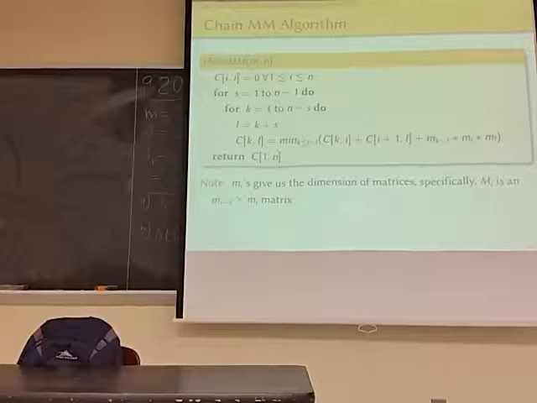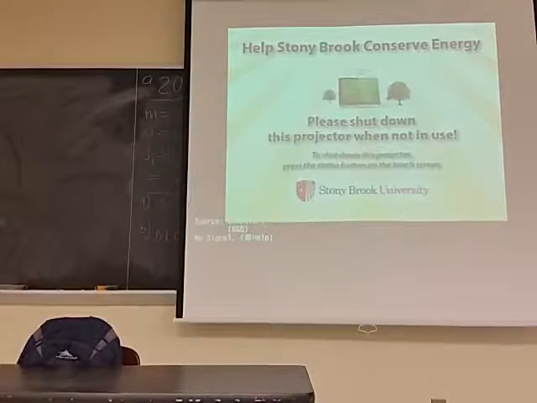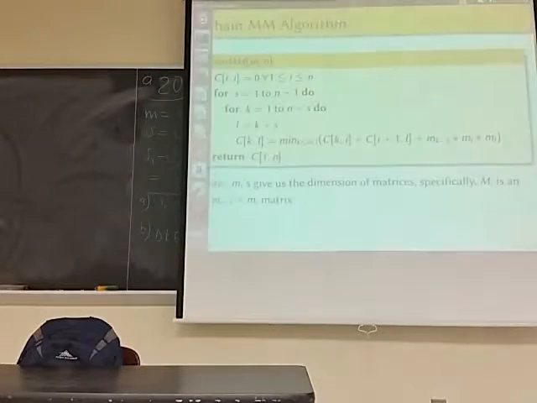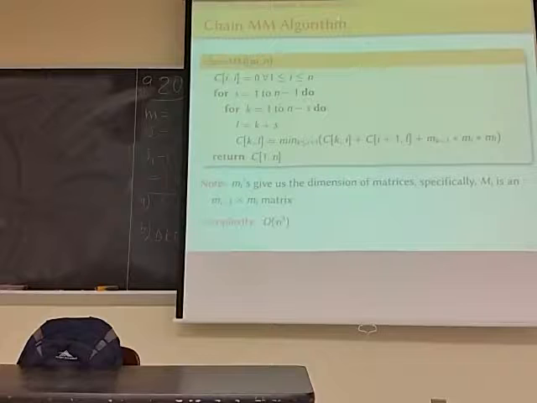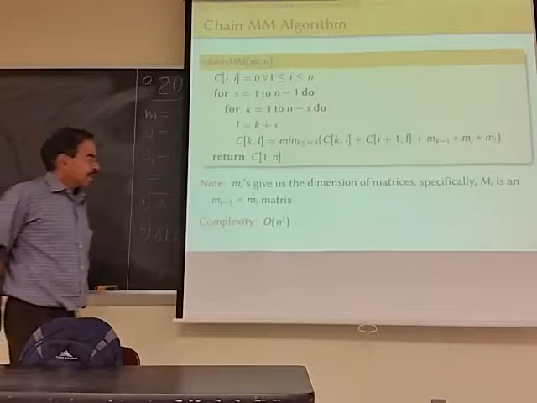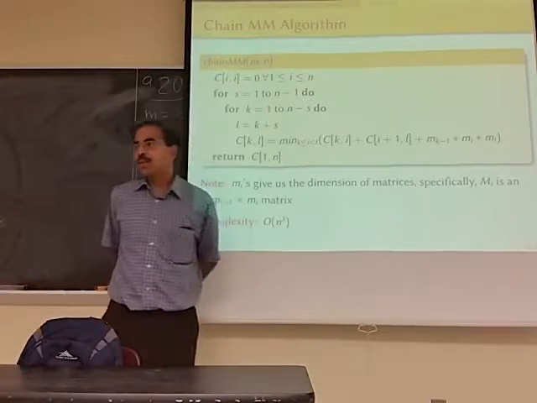Okay, so finally you might ask, what is the cost? Are we spending so much time computing the optimal way to do this product that in fact we didn't really save a whole lot? But that's not the case. So the cost of performing this algorithm is order of n cubed, right?